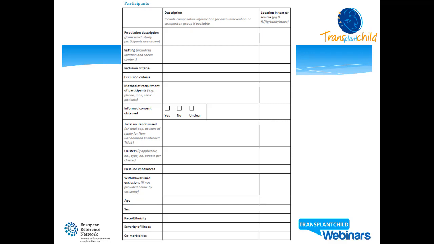Severity of the illness. Okay, that's something that we would like to keep in mind in terms of doing some kind of subgrouping or sensitivity analysis. So if our patients are children receiving an organ, and we want to say something like it is the second organ or it is after failure, we can put it here.